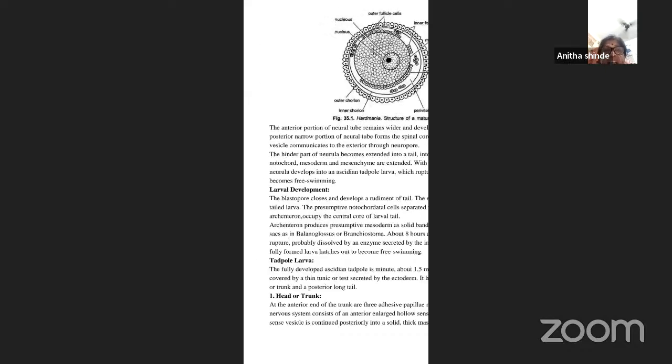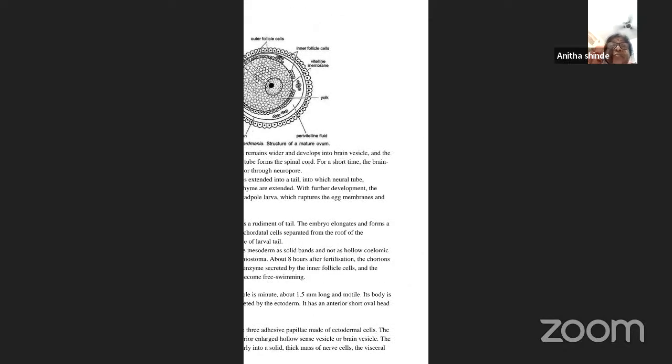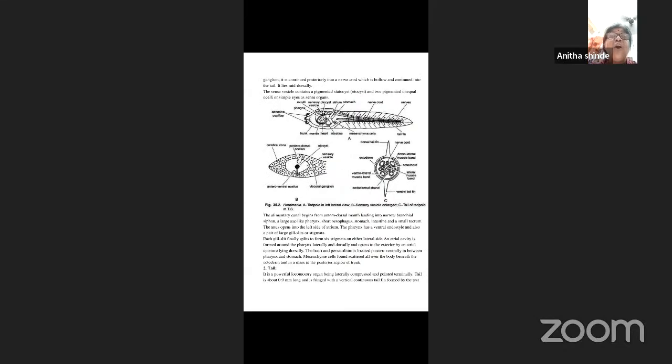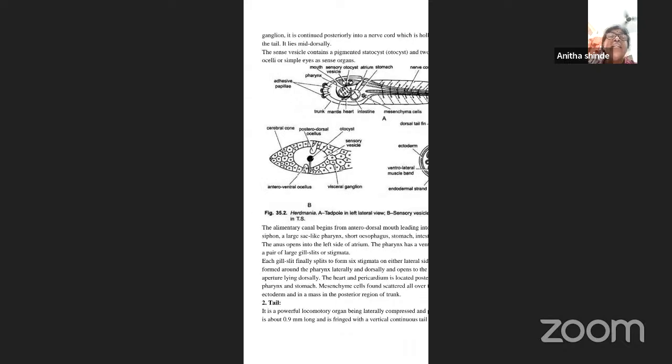Then the nervous system will be developed. The nervous system consists of an anterior enlarged hollow sense vesicle or the brain vesicle. Then the sense vesicle is elongated posteriorly into a solid thick mass of nerve cells. That is the visceral ganglion, which is again continued posteriorly into a nerve cord, which is hollow and continued into the tail.